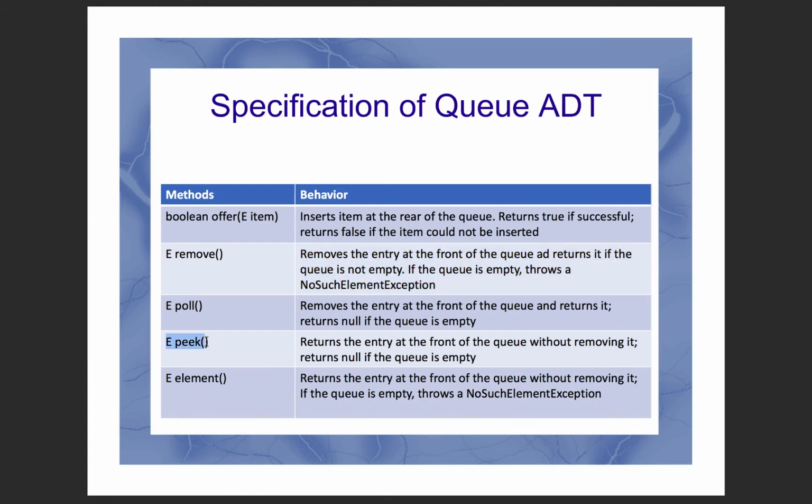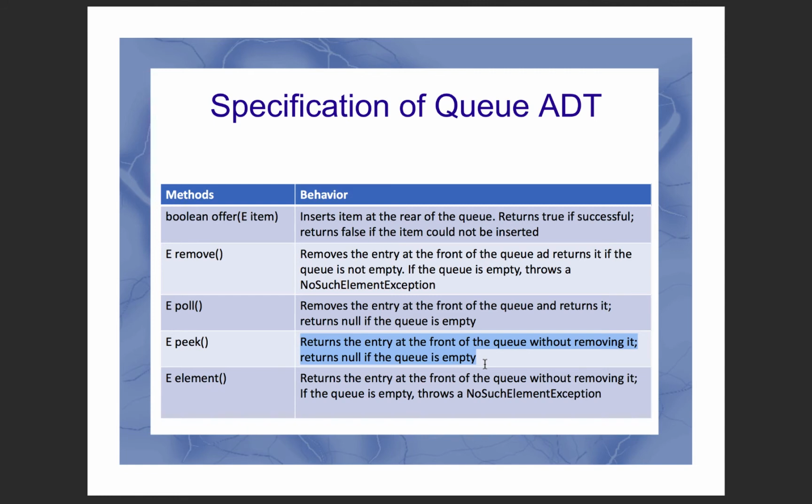Now the peek method returns the entry at the front of the queue without removing it. It returns null if the queue is empty. So the previous two methods remove the element from the queue, but the peek method doesn't remove anything, it returns the front element of the queue.